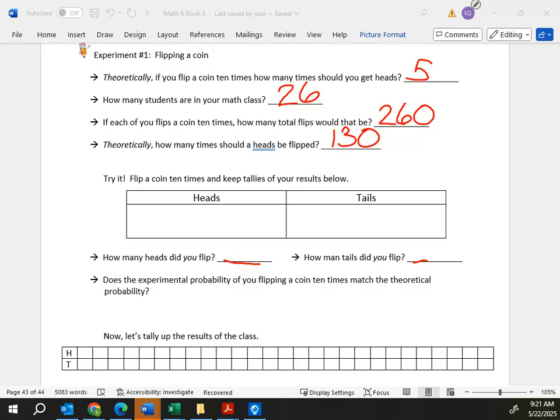Everybody got their penny? Okay. When you're finished, I have my bag of dice and pennies up here. Just come put it up in my bag.